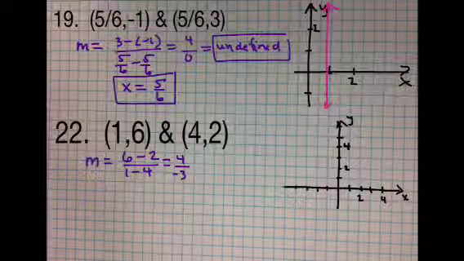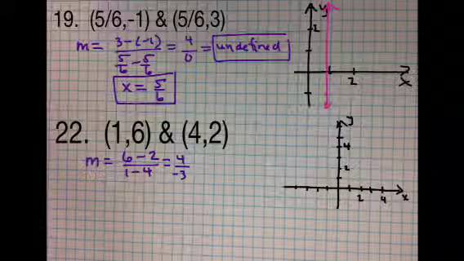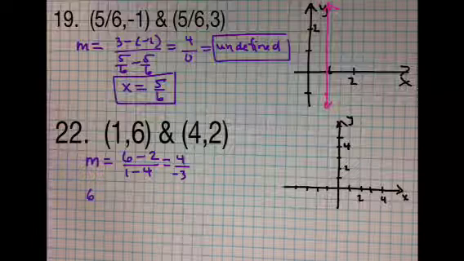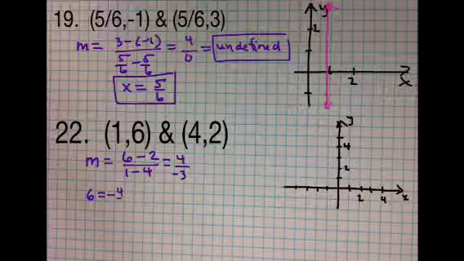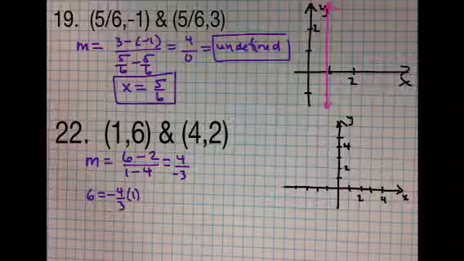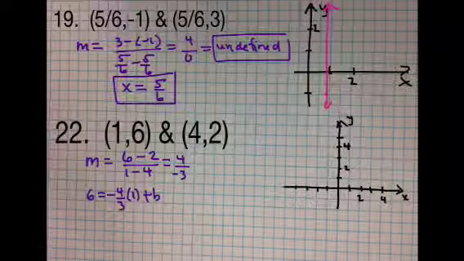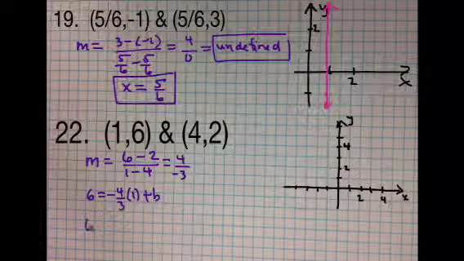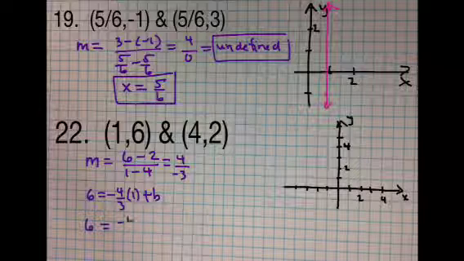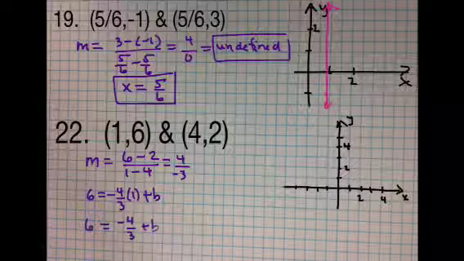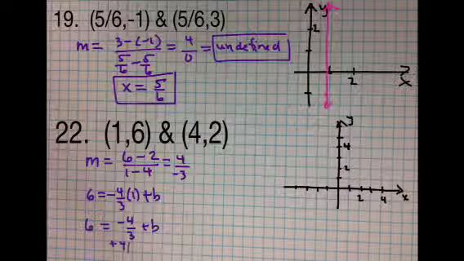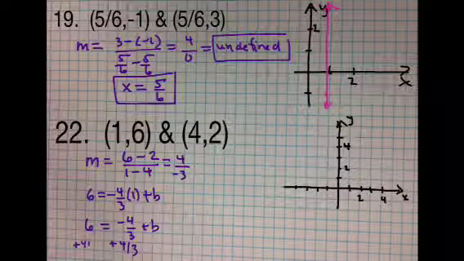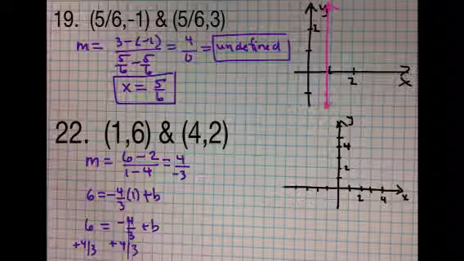So I'll use the slope-intercept form. So 6 equals the slope times x plus b. So I end up with 6 equals negative 4/3 plus b. I'm going to add 4/3 to both sides. Okay, so that eliminates it on the right side.